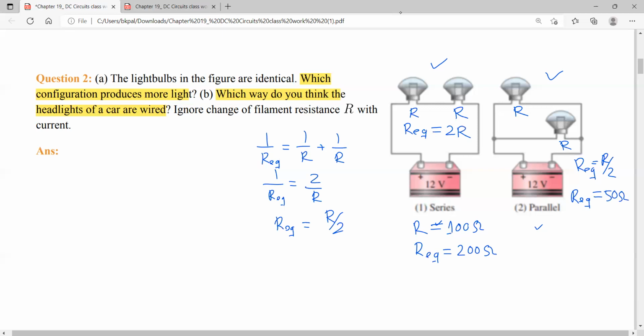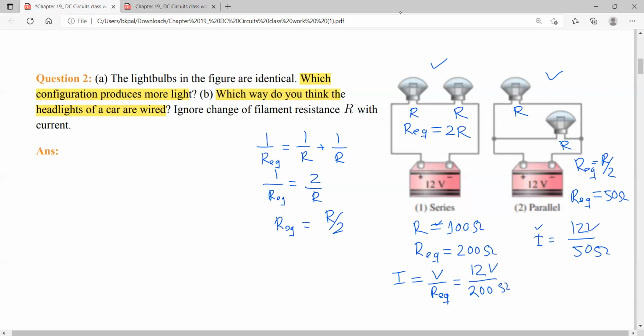right? And since the battery is the same, we can use Ohm's law to determine the current. So the current is V over R equivalent for both cases. Here 12 divided by 200, and here it will be 12 divided by 50, right?